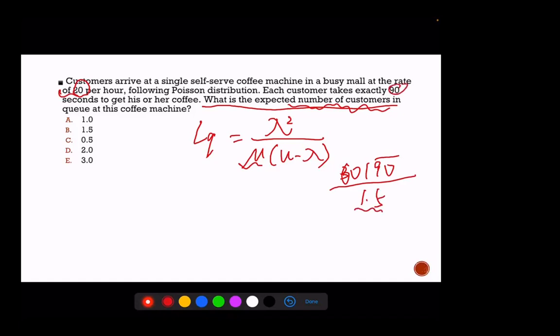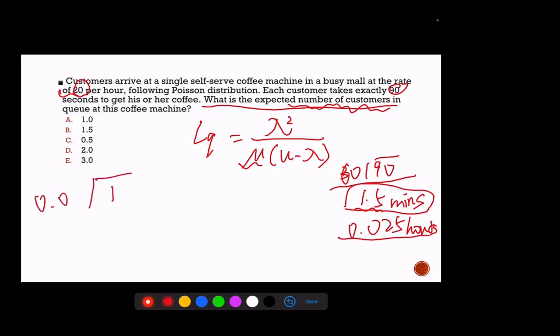So 90 seconds means 1.5 minutes per coffee, and 1.5 minutes means 0.025 hours. If we can get a coffee in 0.025 hours, then for an hour we use 1 divided by 0.025, and we get 40. It means per hour, this system can produce 40 coffees. And 40 is the mu.